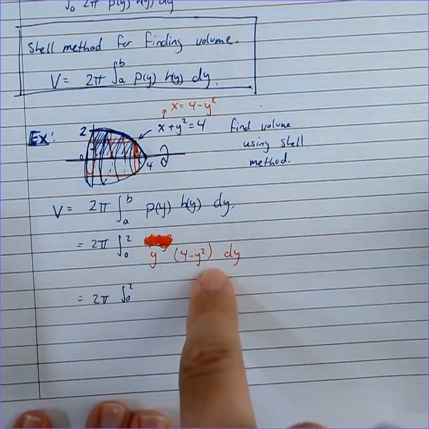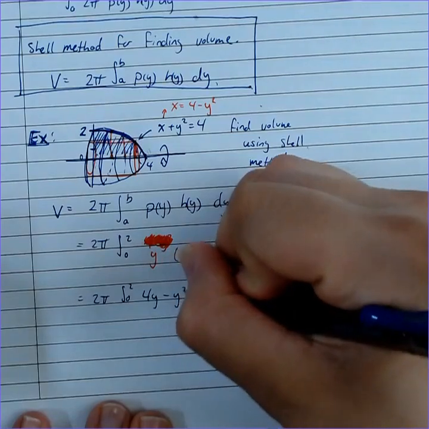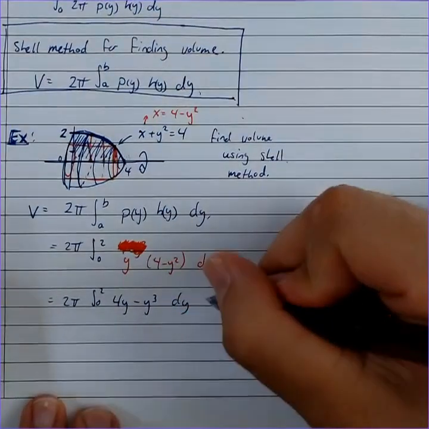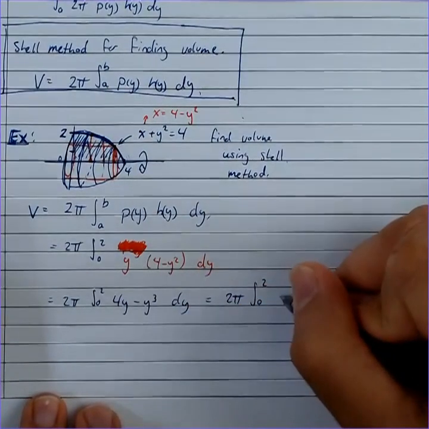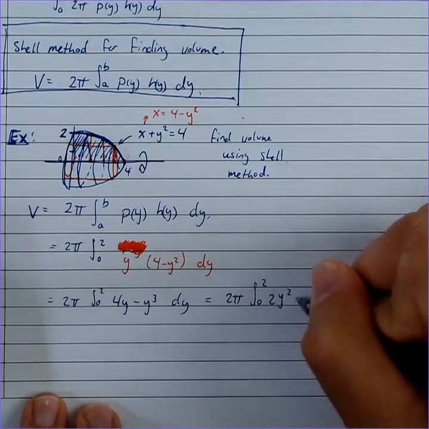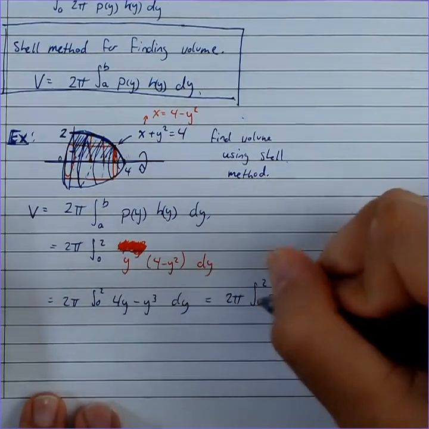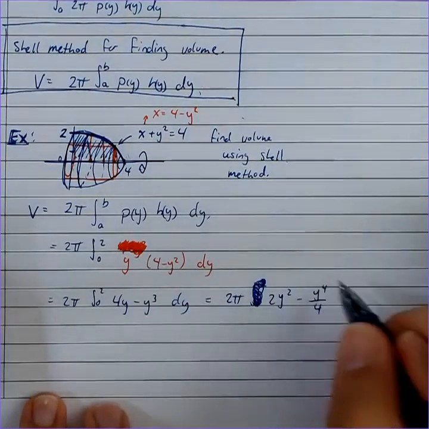Here, let me just distribute the y to get something a little bit nicer. 4y minus y to the third dy. And now I can integrate that without much issue. That's 2 pi integral from 0 to 2 of 2y squared minus y to the fourth over 4. I've already integrated, so I don't need that symbol anymore.